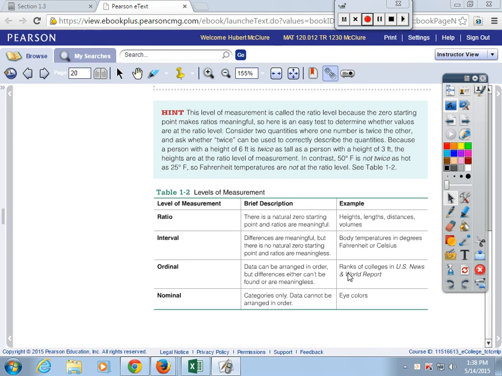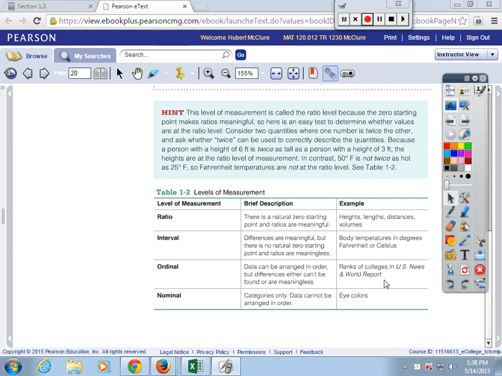Ordinal. What's the first three letters of ordinal? Order, ordinal. They have to be in order. Rank, place, order. He came in first, second, and third. That's place. That would be ordinal.